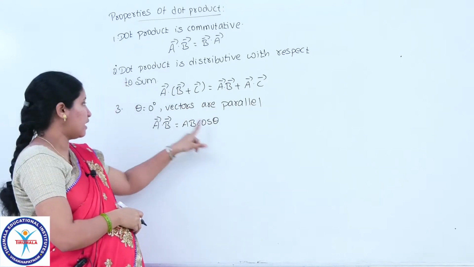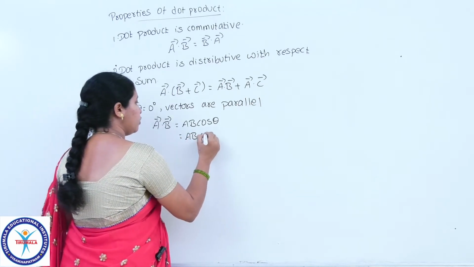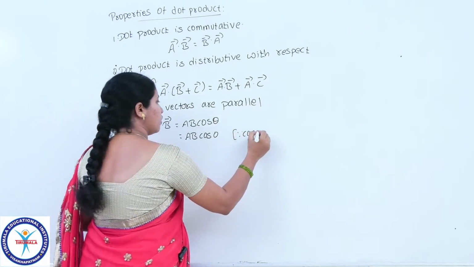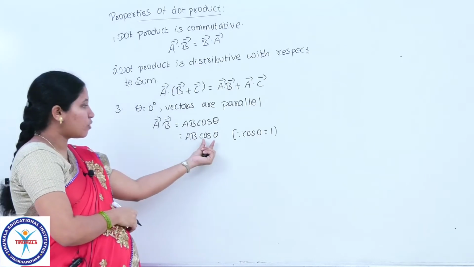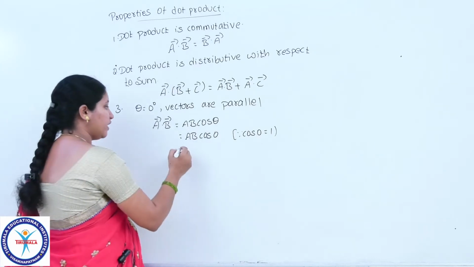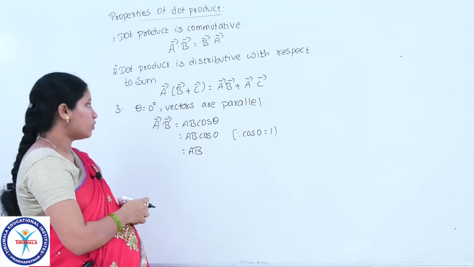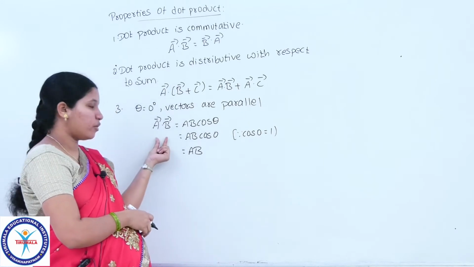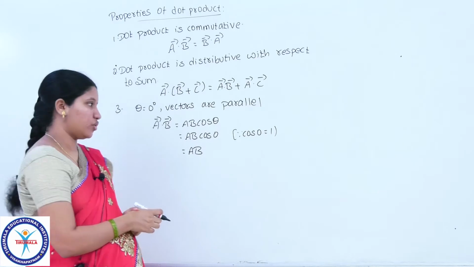In place of theta substitute 0, so we get ab into cos 0. So already we know cos 0 value is 1. So as cos 0 value is 1, we get a bar dot b bar is equal to ab. So when the vectors are parallel to each other, the dot product will be simply the product of their magnitudes.